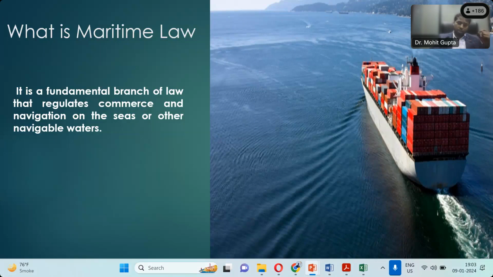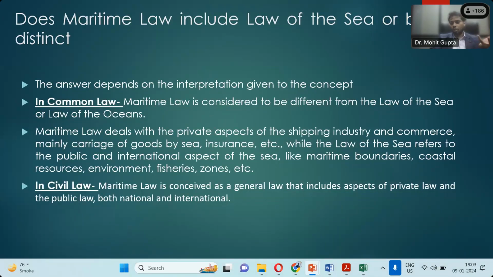Now, one question which often comes to mind is, when we talk about law of the sea and maritime law, are both the same thing, or is there any difference between these two terms?